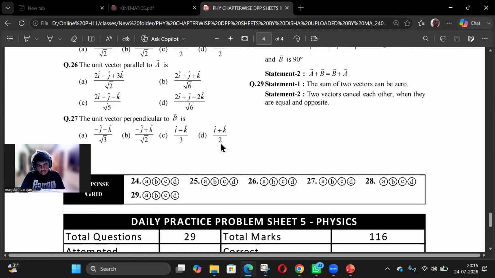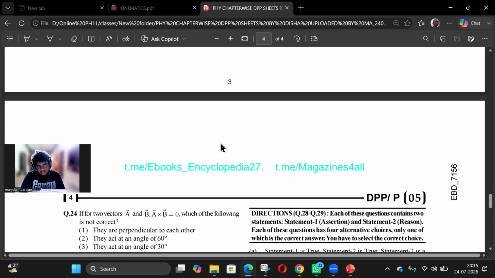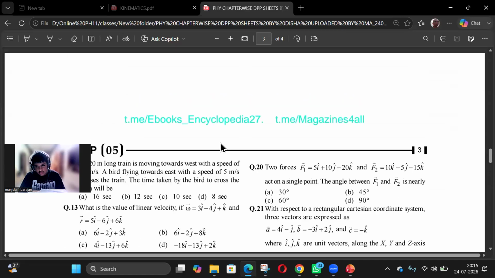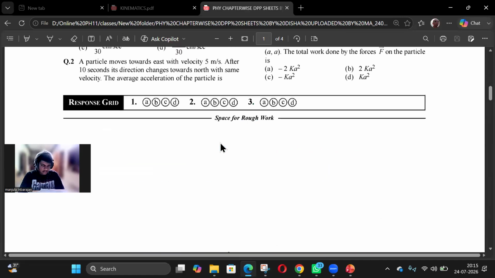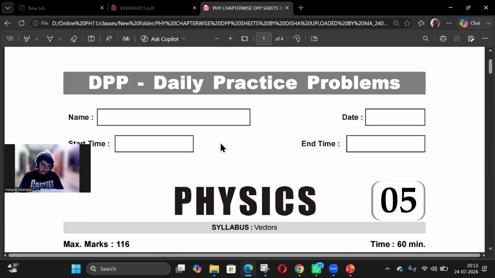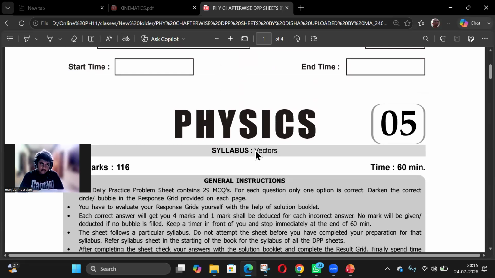What about the NLM worksheet they have given? Now this only. No, this DPP is on vectors, right? What about the other one, motion in a straight line, kinematics? No, that is there for tomorrow's test. Motion in a plane chapter full is there.